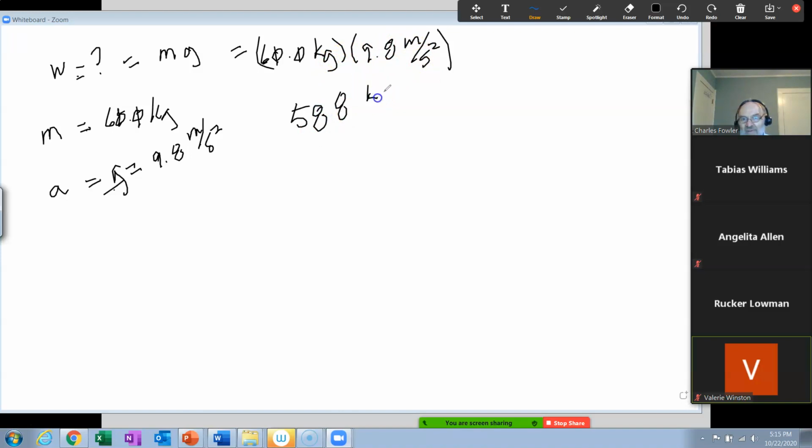But what is a kilogram meter per second squared? That is a Newton. But here's where they mess with your mind, because this only has 2 digits. You count 1, 2, look to the right, that's greater than 5, so bump that up by 1 and call it 59. I hate it if my scale did that to me and I was really 588 newtons, and it told me I was 590.